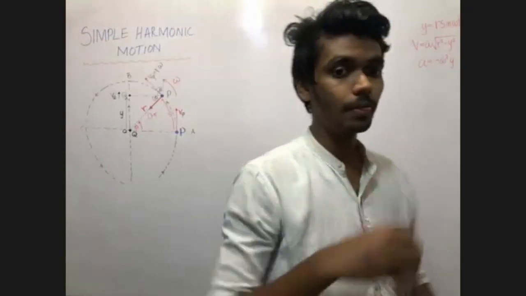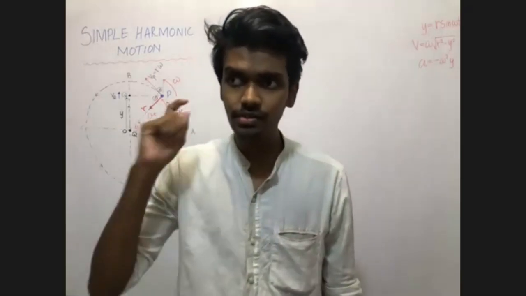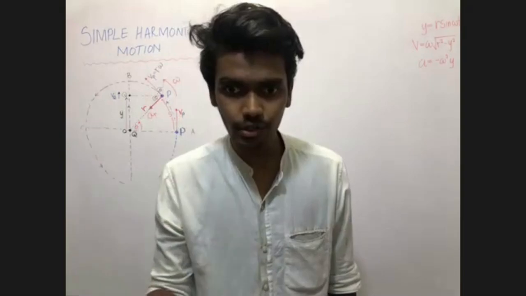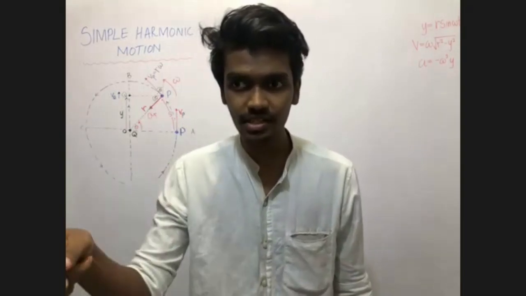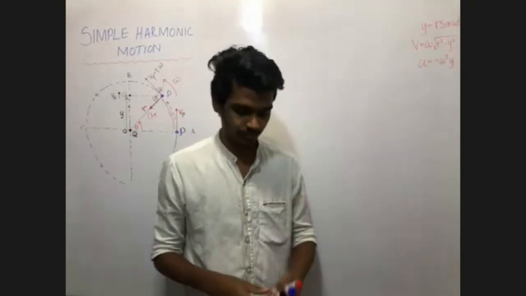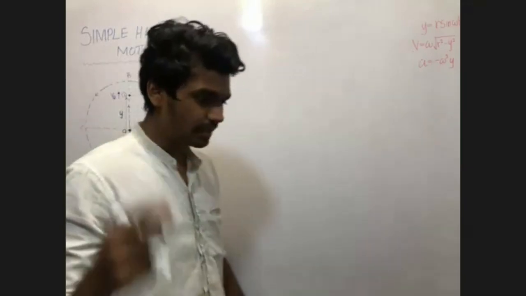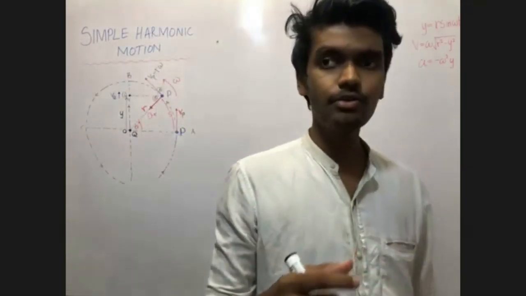Right. So now we need to see at which points the velocity is maximum, at which points the velocity is minimum, at which points the acceleration is maximum, at which points the acceleration is minimum. To depict this, I will make use of an example.